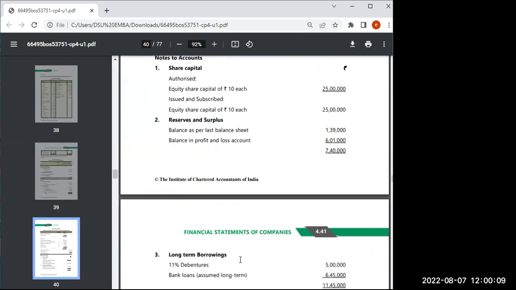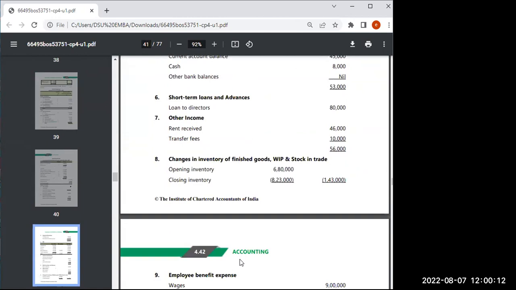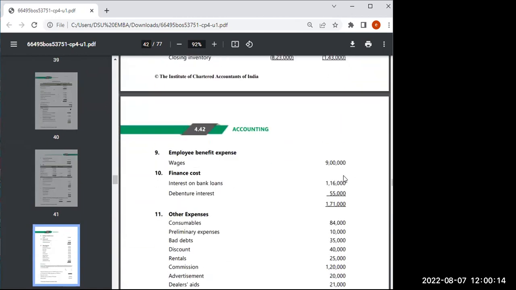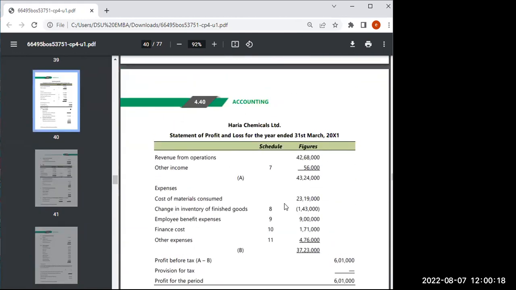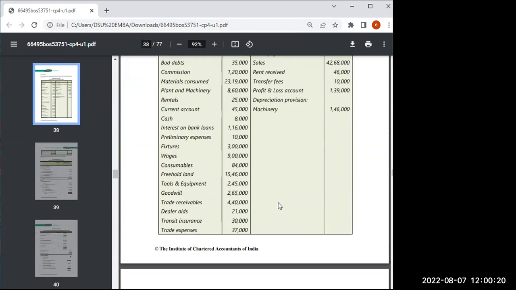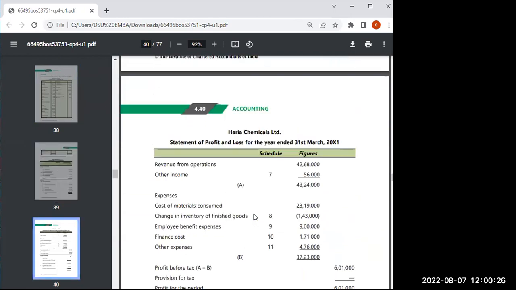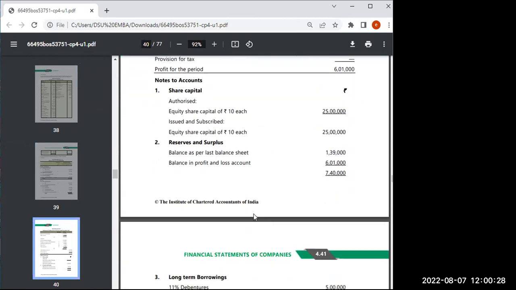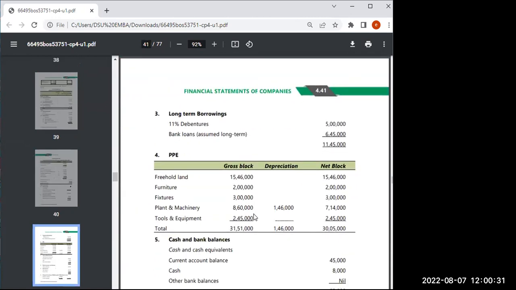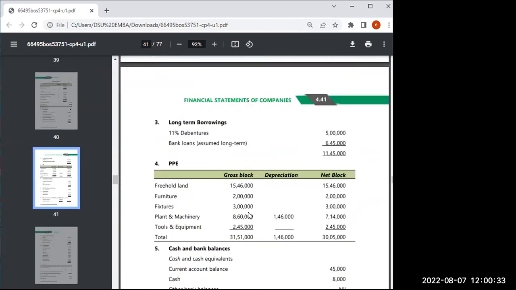Is there any other bank loan? And again, is there any debenture interest in the question? Yes, debenture interest 55,000 is there. So take it together and write it: interest on bank loan and debenture interest.